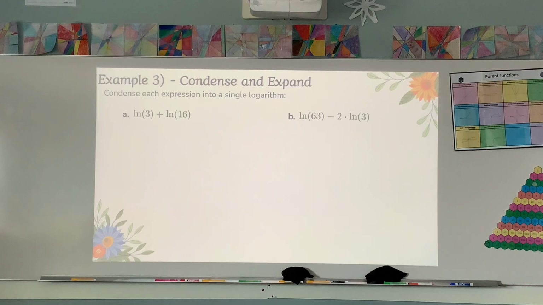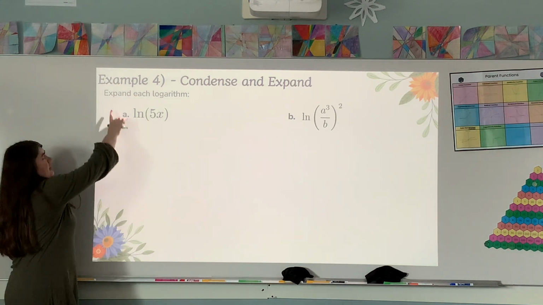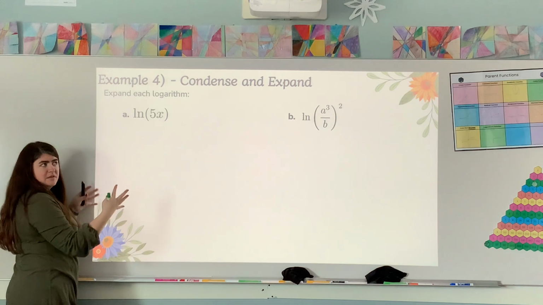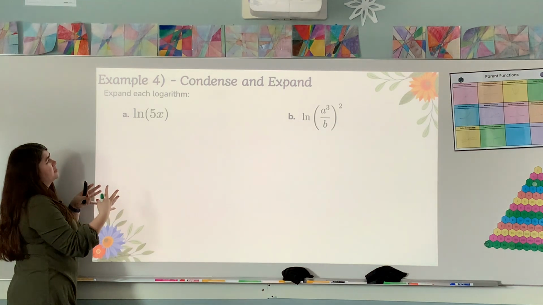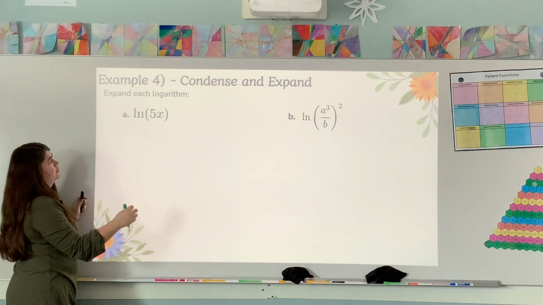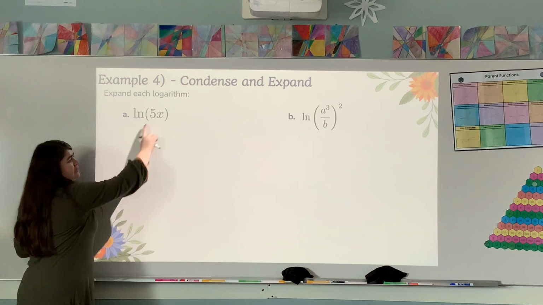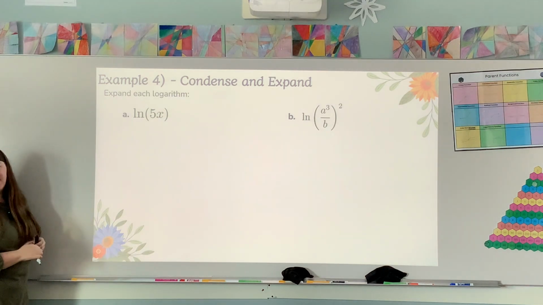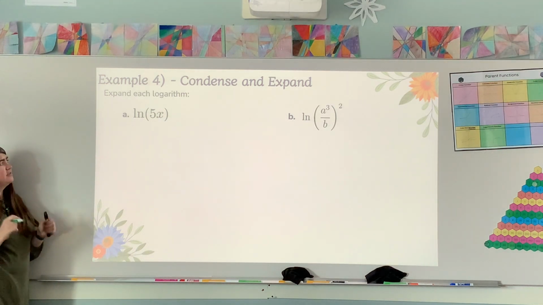Example 4, again, condense and expand. This time we have some condensed logarithms that we're going to expand out so that we have only a single value inside of our parentheses.